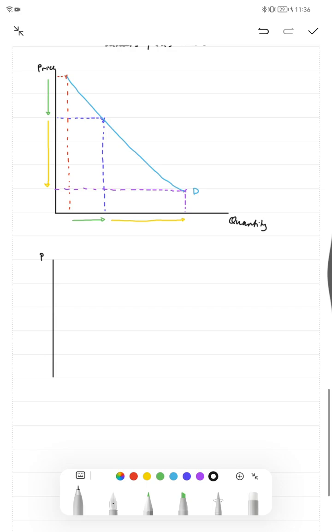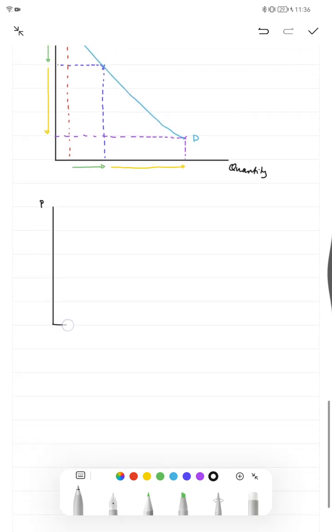So we're going to call it P for price, and we're going to have Q for quantity. So I'm just going to draw a simple demand curve, and I'm going to call this one D. So for example, if the demand for a product was to increase, that would mean at any given price, rather than just buying this quantity Q1, people are willing to buy more.